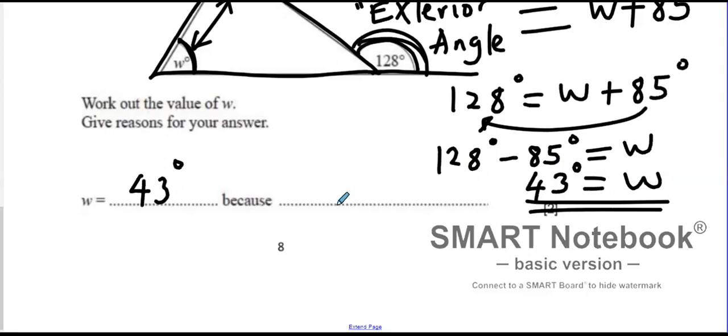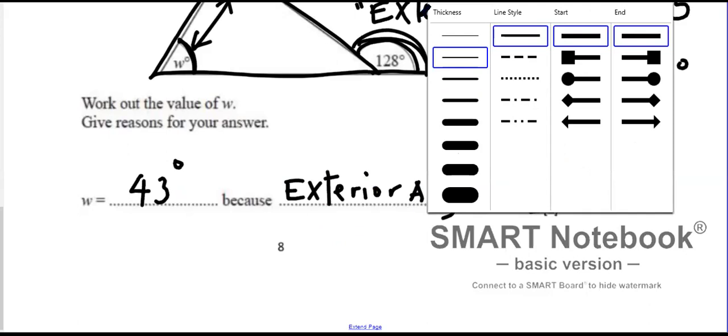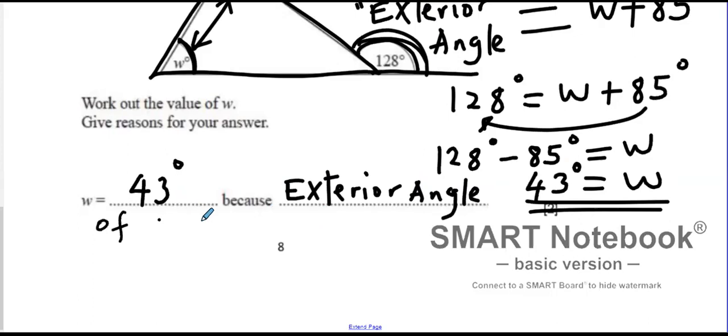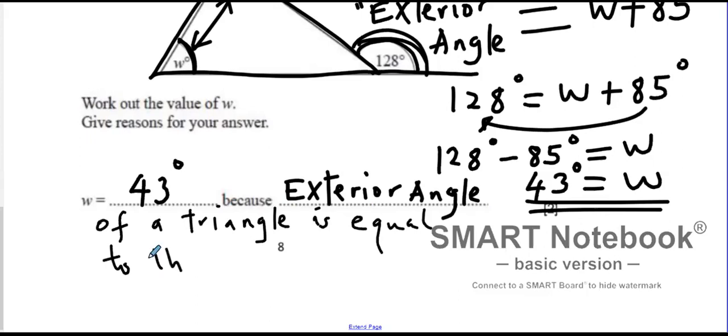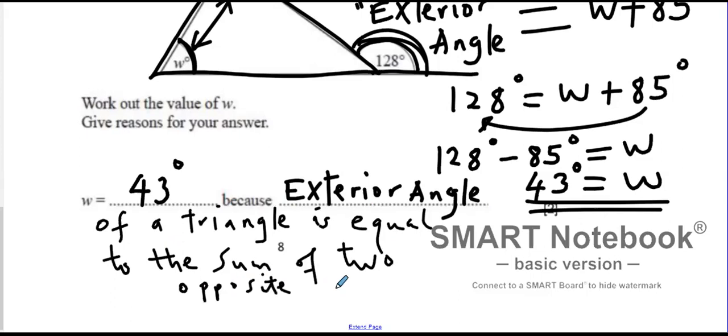The reason being that an exterior angle of a triangle is equal to the sum of the two opposite interior angles. Okay, so that is what the theorem states.